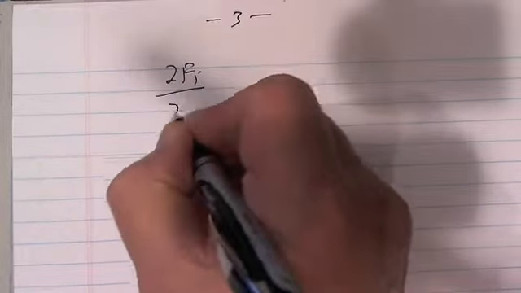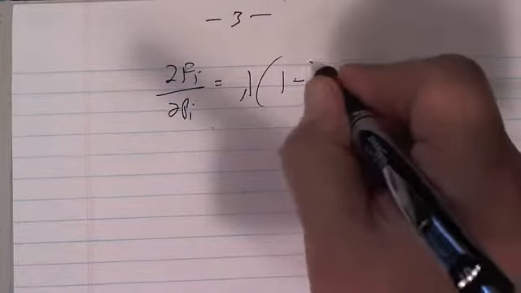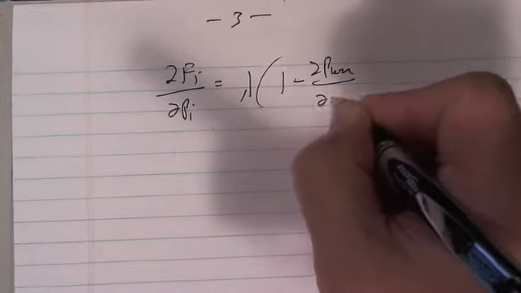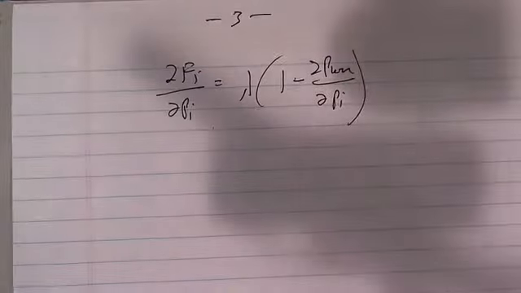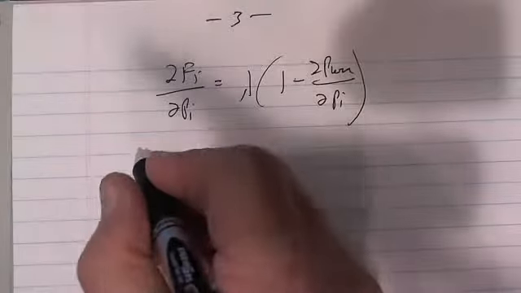But I want to emphasize that what we do is we say, well, we're going to take dFi dPi equals lambda times 1 minus dP loss dPi, and I'm going to divide.